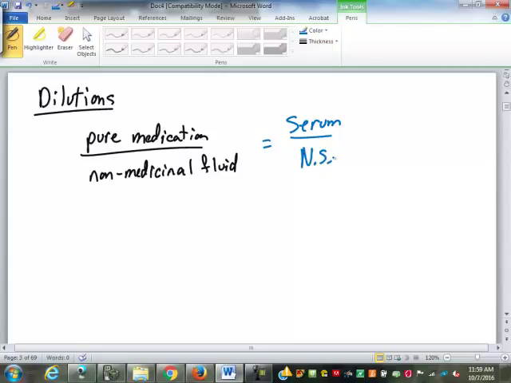NS can stand for a couple of different things. It can stand for normal saline, which is just a pH-balanced saline fluid. Basically, it's water that's pH balanced to match the pH of your body. Could be neutral solution. I'll write these down.